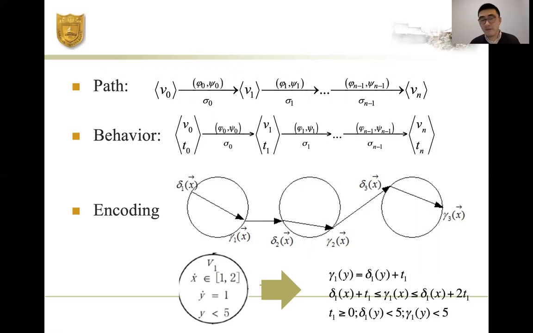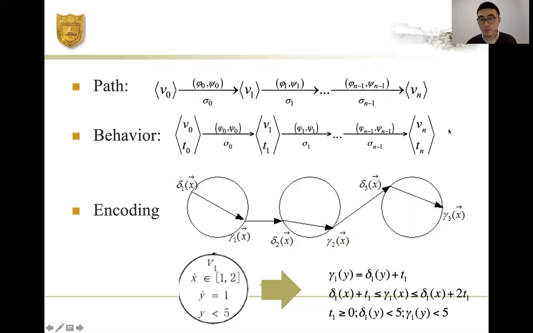So what's a behavior? We add time into it. Say we stay in location V0 for time T0, and we jump to V1 and stay there for T1, and keep going on, and then we go to Vn and stay there for time Tn.